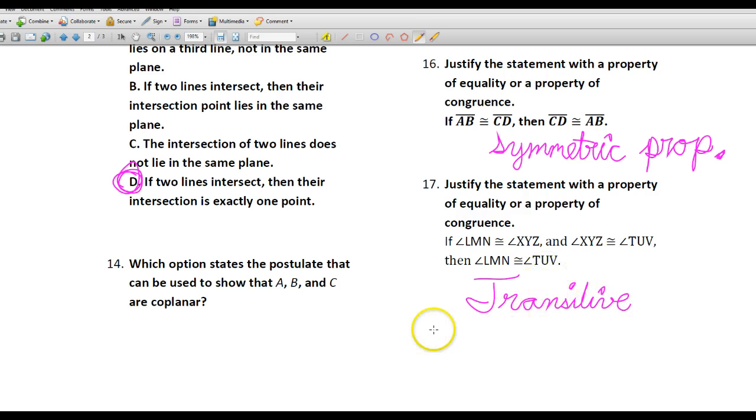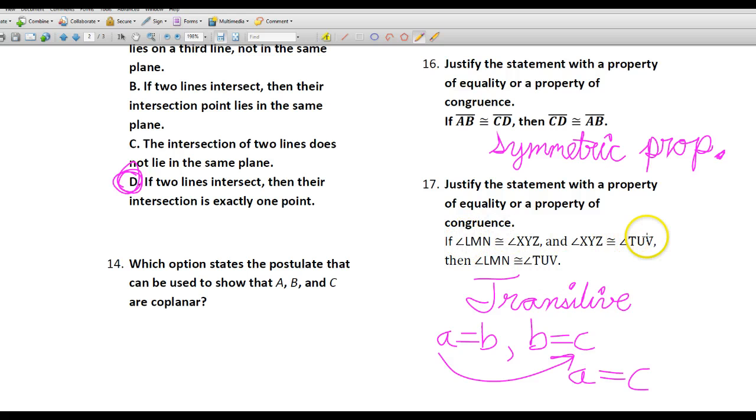So the transitive property states that if A equals B and B equals C, then that means that A has to equal C because they're both equal to B. And that's what's going on here. LMN and TUV will be congruent because they're both congruent to the same angle, XYZ.